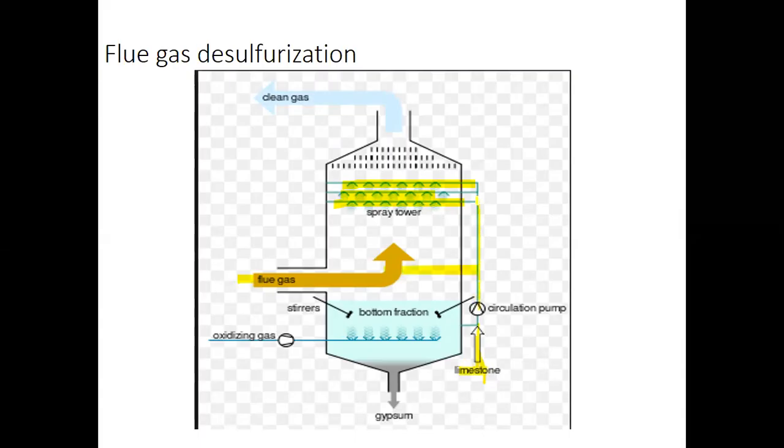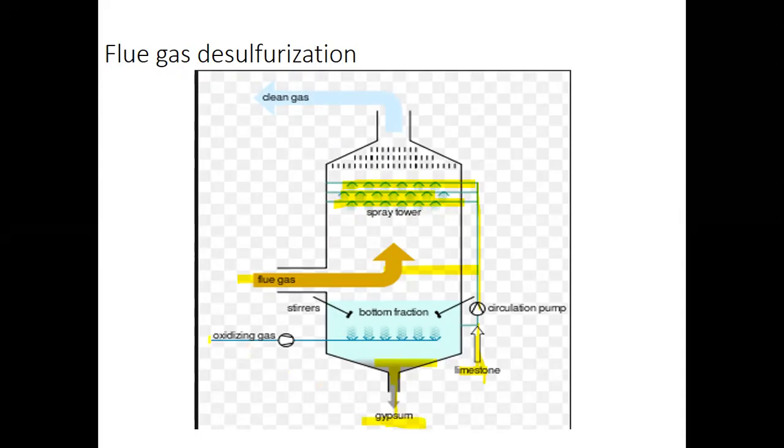They flow down from the top. The flue gas and the scrubber liquid come into contact with each other, and the water soluble gases dissolve in the scrubber liquid. Then at the bottom we get calcium sulfate plus the solution, the liquid.